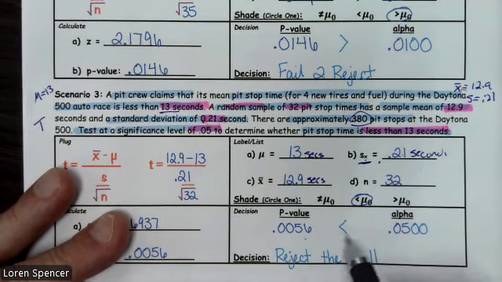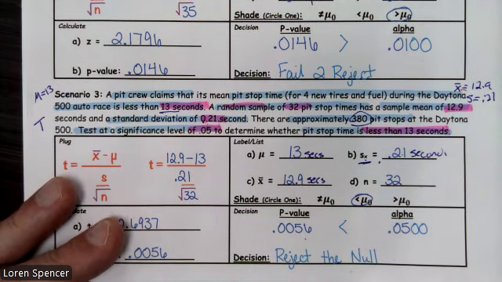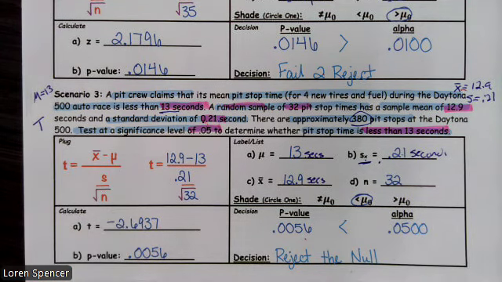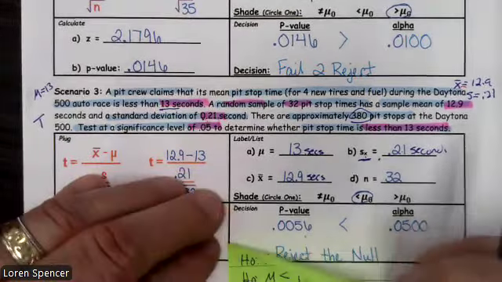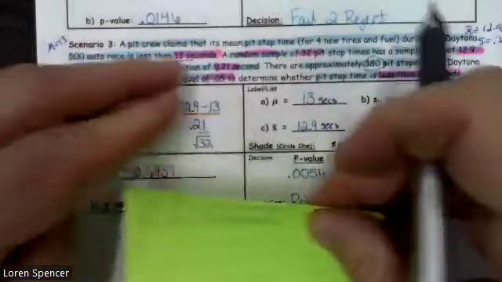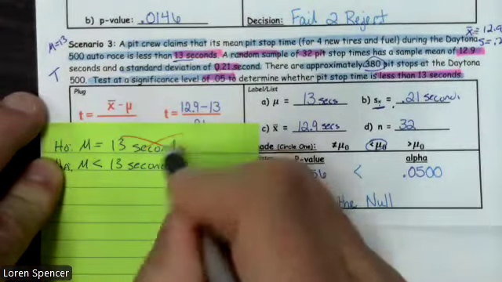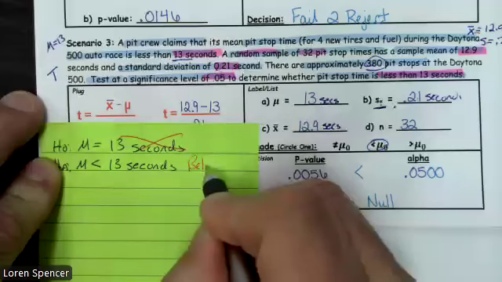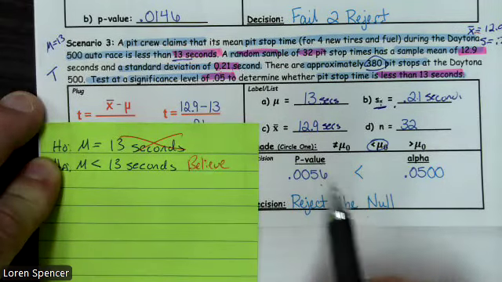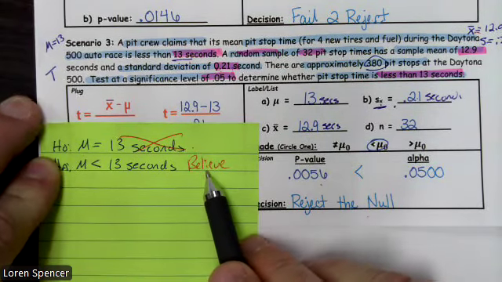But we ran it and we got a p-value less than alpha. Our decision was to reject the null. What was our null hypothesis? Our null hypothesis was that it was 13 seconds. We rejected this and we believe this. That's the decision we made.